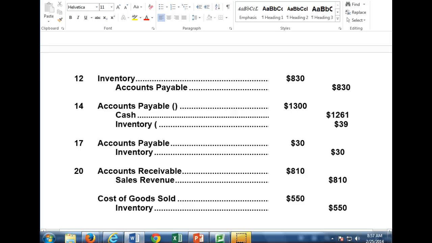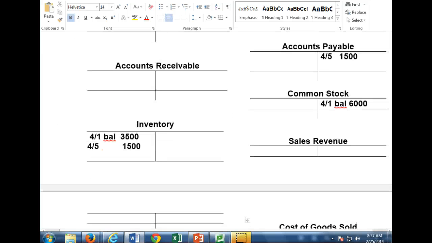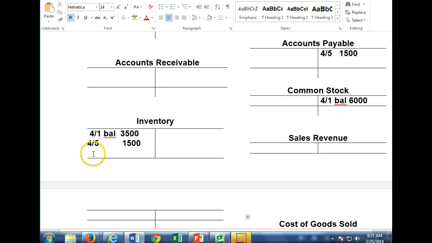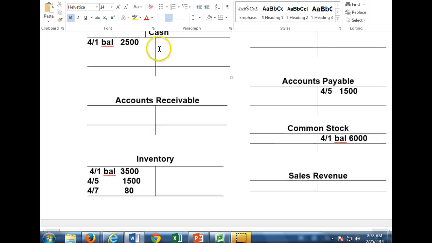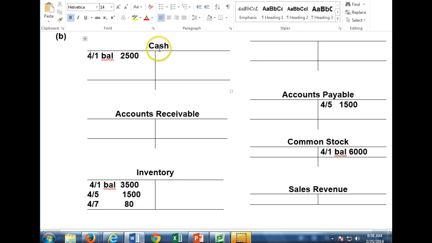On the 7th. Our inventory on the 7th is what? An increase of how much? 80. And cash gets what? Cash needs to be decreased 80, right? On the 7th?